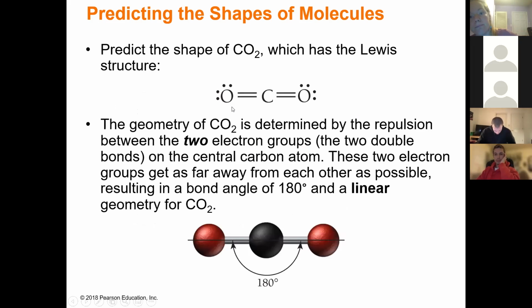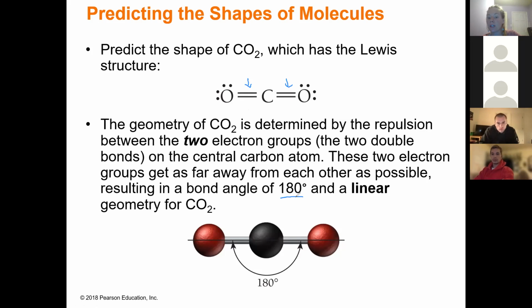So we talked about CO2. So CO2, we would say, has 2 electron groups. All right, it's got a double bond here and a double bond here. These electrons on the outer atoms are important, but they're not important for the shape. So if I have 2 electron groups, how do these things get as far away from each other as they absolutely can? Because they both have negative charges.